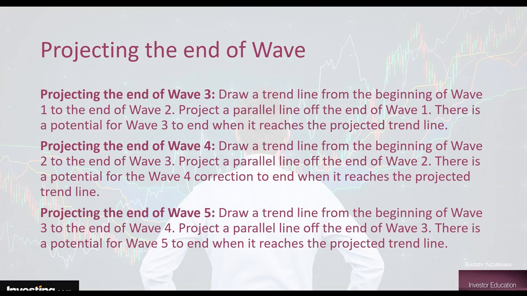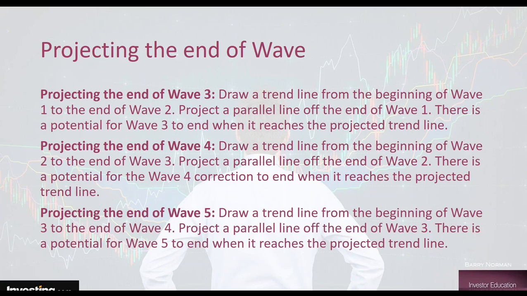Projecting the end of wave 4: draw a trend line from the beginning of wave 2 to the end of wave 3. Project the parallel line off the end of wave 2, and there is a potential that the wave 4 correction will end when it reaches the projected trend line. And for wave 5, draw a trend line from 3 to 4.